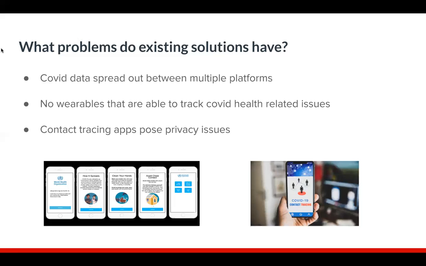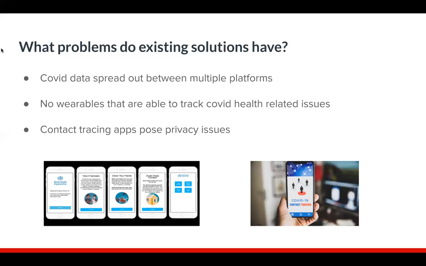Lastly, another big issue with existing solutions is that a lot of applications are basically contact tracing apps, which are viewed as unreliable and can pose privacy and accuracy issues.